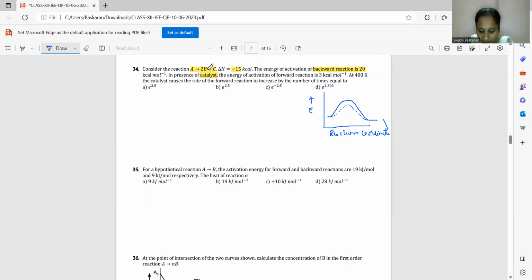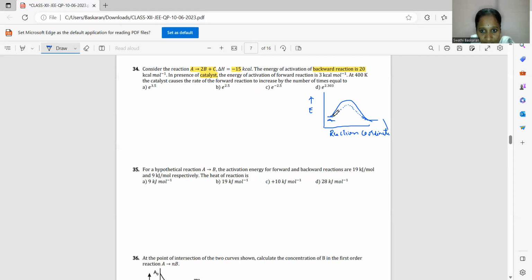So delta H is 15. Delta H is 15. So what is delta H basically? The difference in the energy between the reactant, because this is reactant A, and here, these are the products. Now what we need to write?